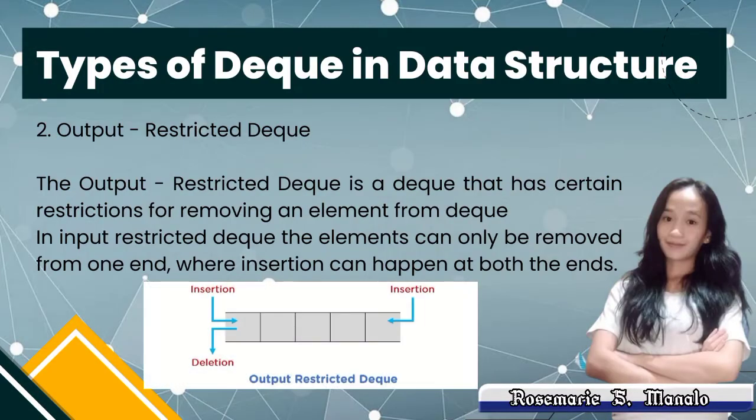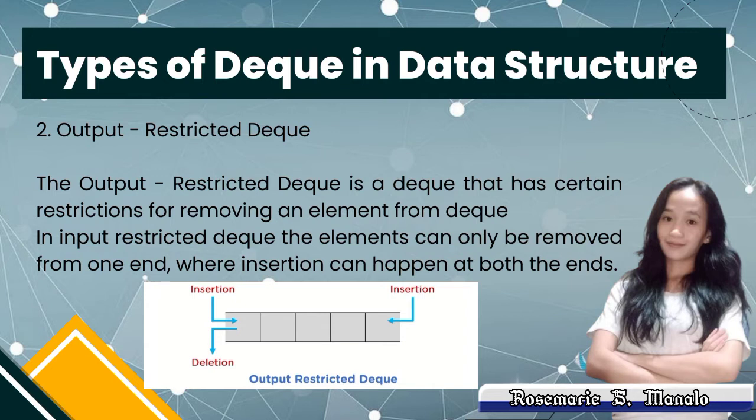Next is output restricted Deque. It is a Deque with some limitations while performing deletion operations. In the output restricted Deque, it will perform the insertion at both ends, whereas it performs the deletion of elements at only one end. The image below shows how output restricted Deque limits removal at one end.